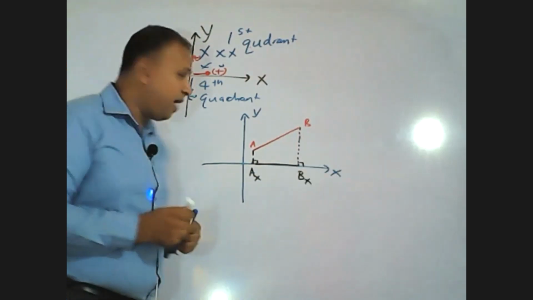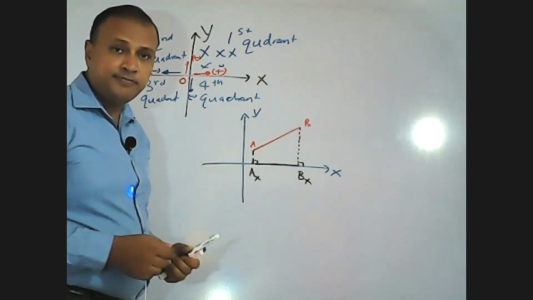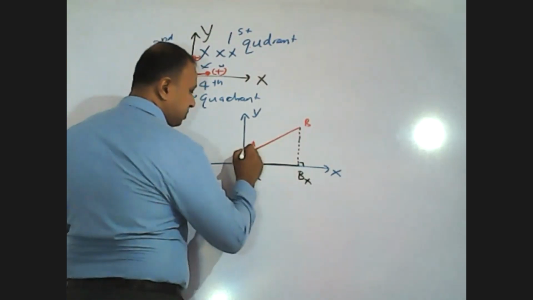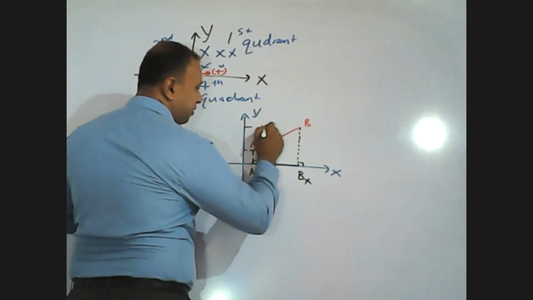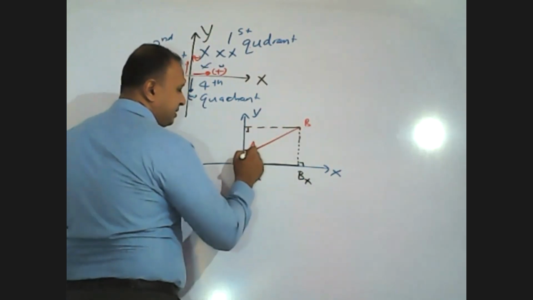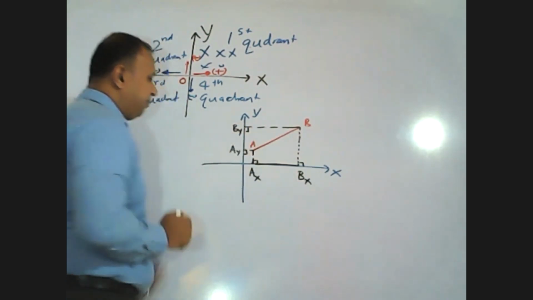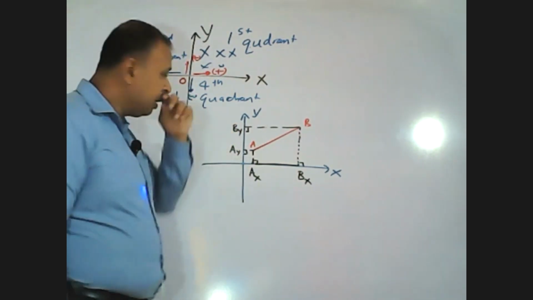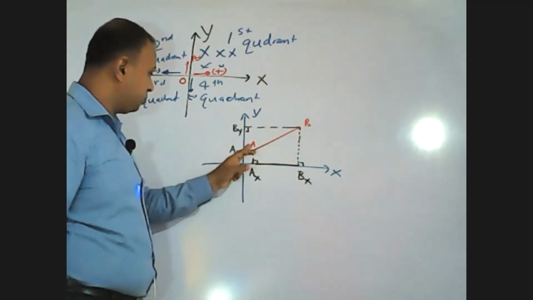Then, how to find the perpendicular projection of AB on the y-axis? Same method. We have to draw two perpendiculars to the y-axis from each end of the line segment. Suppose AY and BY are the points on the y-axis.